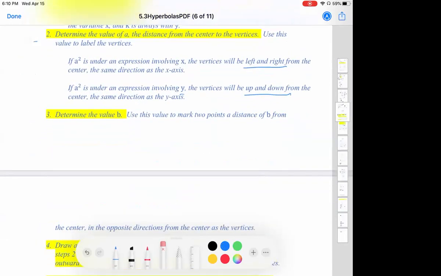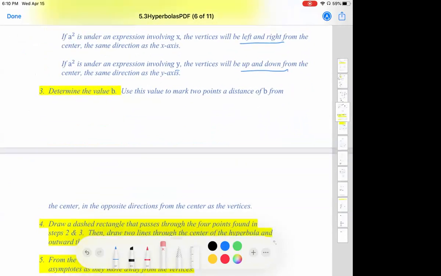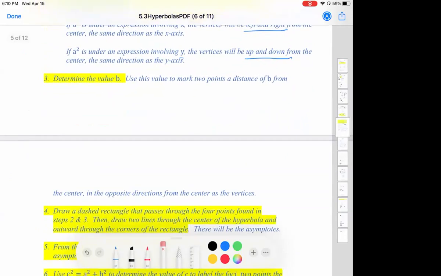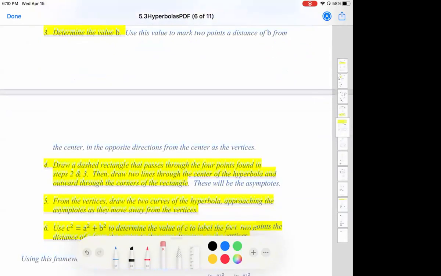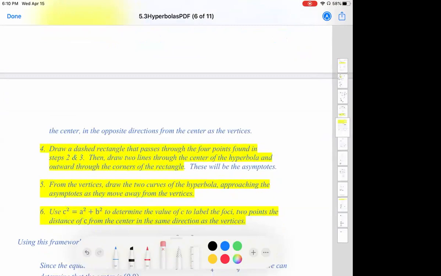Step 3, determine the value of b. Use this value to mark two points a distance b from the center, in the opposite direction from the vertices. Step 4, draw a dashed rectangle that passes through the four points found in steps 2 and 3. So it's kind of like when you're graphing an ellipse, but instead of a circle, draw a box connecting these points.